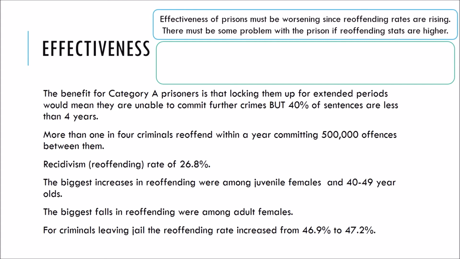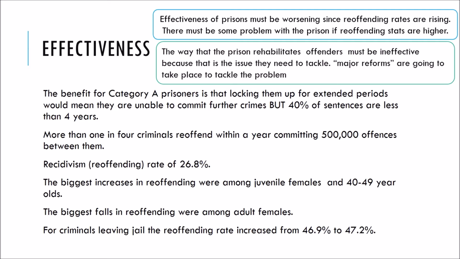So what this suggests is that the effectiveness of prisons must be worsening because re-offending rates are rising, so there must be some problem with the prison system if re-offending stats are becoming higher, and also that the way that the prison rehabilitates offenders must be ineffective, because that's the issue they need to tackle. Major reforms are going to take place to tackle the problem of recidivism and re-offending rates.